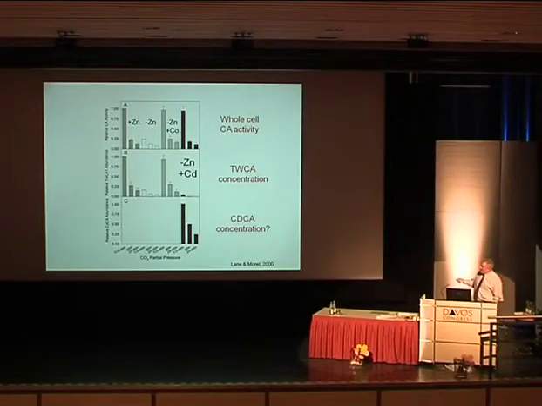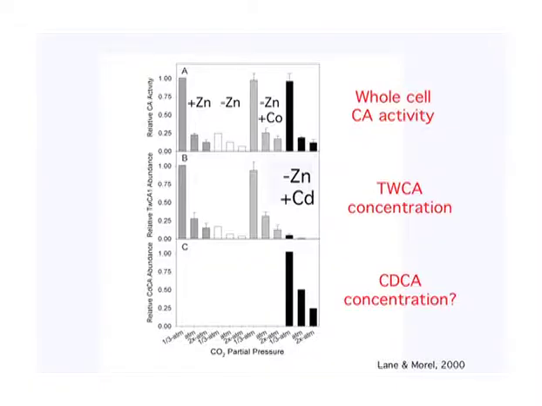And here is a typical experiment. On top, all those bars are measures of whole cell carbonic anhydrase activity. The second panel is a measure of the concentration of this enzyme, which we measure using the antibody. And here you have a set of conditions in which we vary the metals and we vary the carbon dioxide.